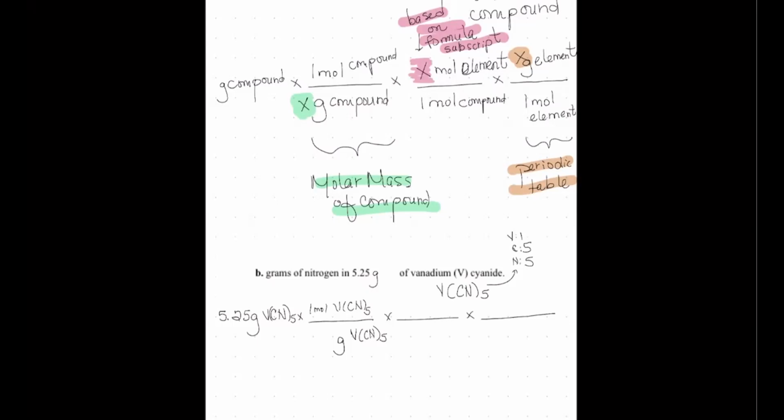Sorry, I have to say my numbers in Spanish, because if I said them in English, for some reason, it doesn't make sense. 12.01.07 por 5, más 50.94.15, más 14.0067 por 5. I got that, yeah, 181.0285. That's what I got.